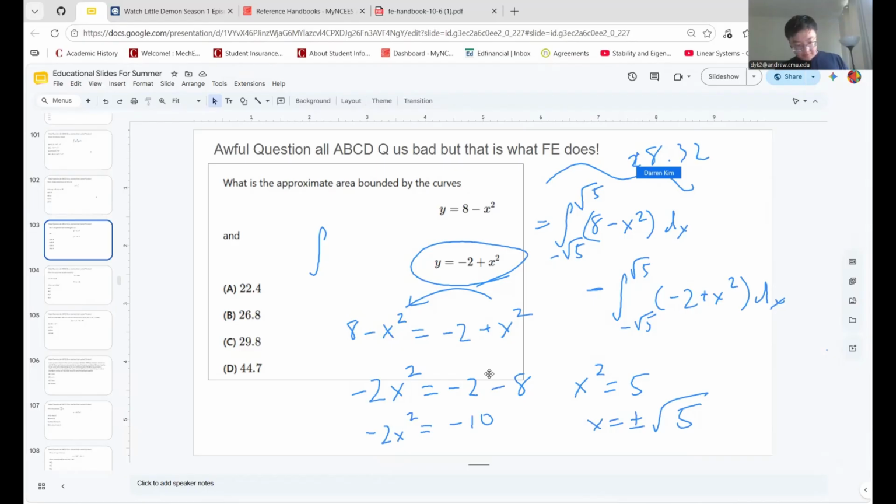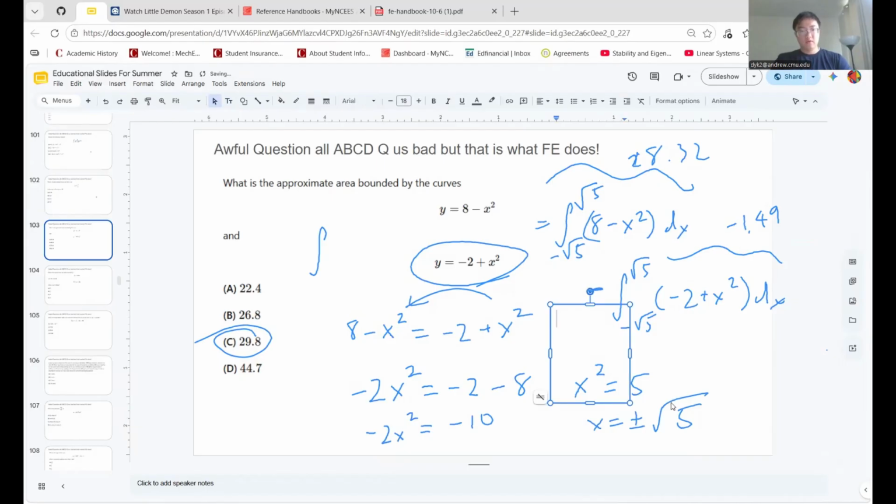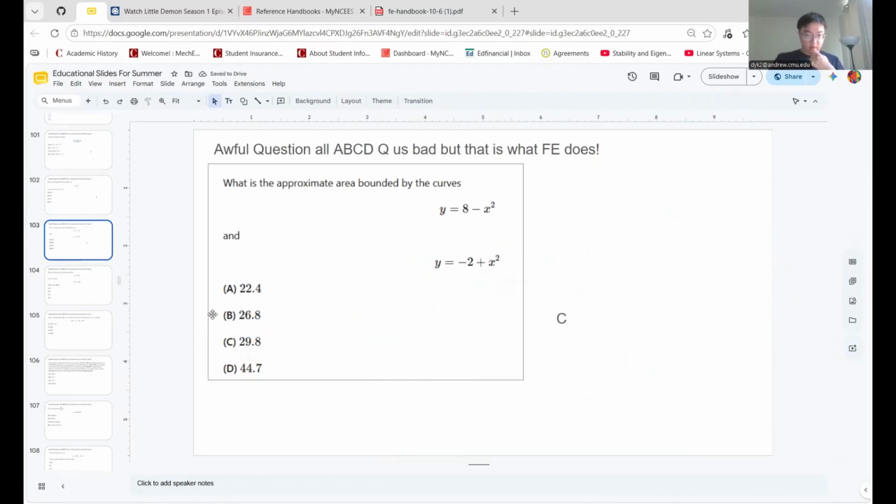And this over here is negative. I think it's just too big, and it just overloaded the whole thing. And then this portion is negative 1.49, which means if I subtract this, I get 29.8. There we go. Not that bad.